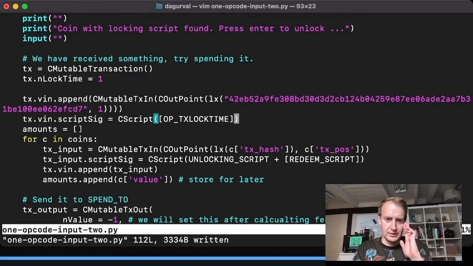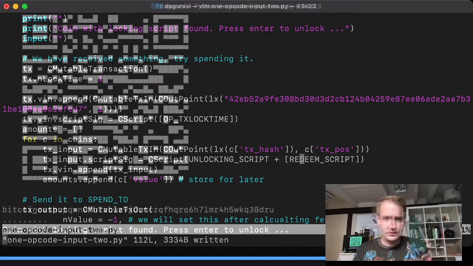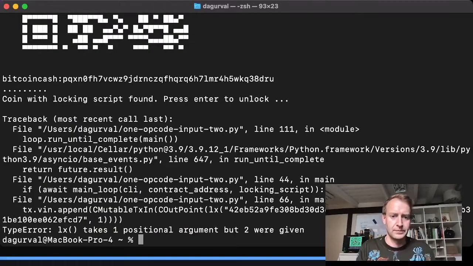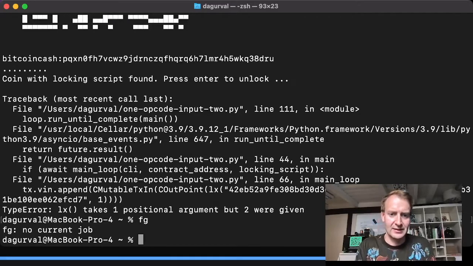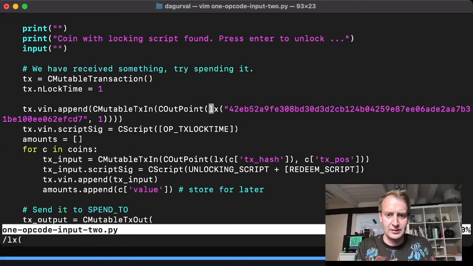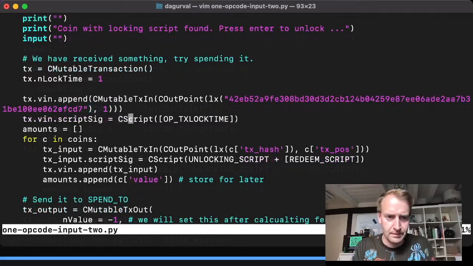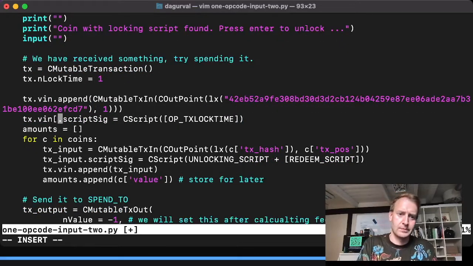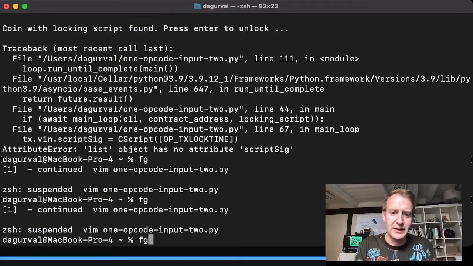So OP_TXLOCKTIME is input number 1, and then we have OP_INPUTINDEX as input number 2. No, I have a bug. Let's try again.